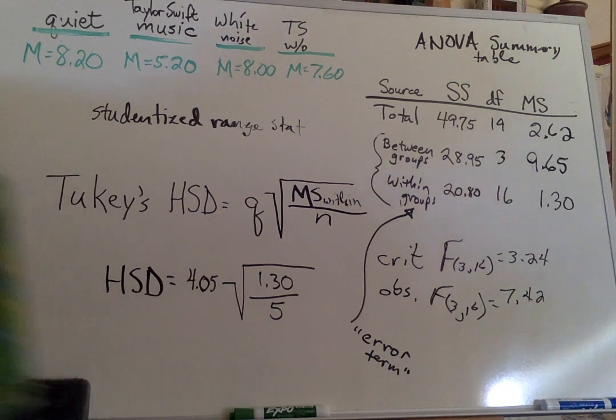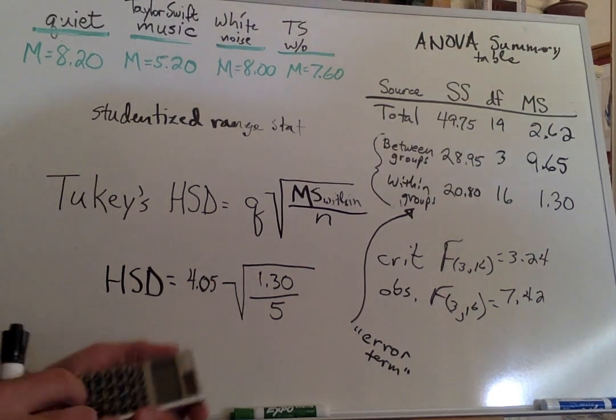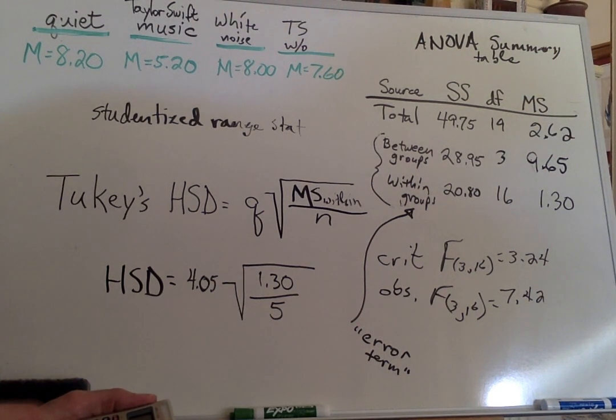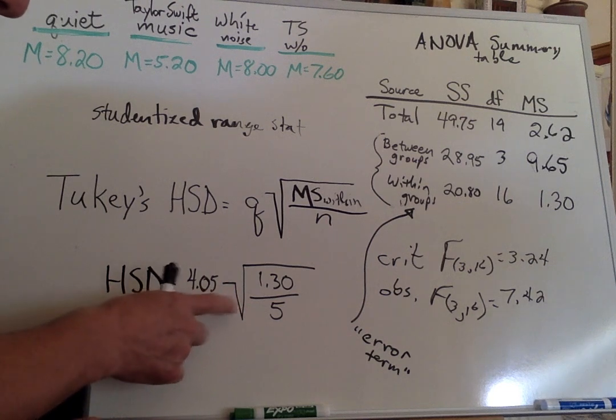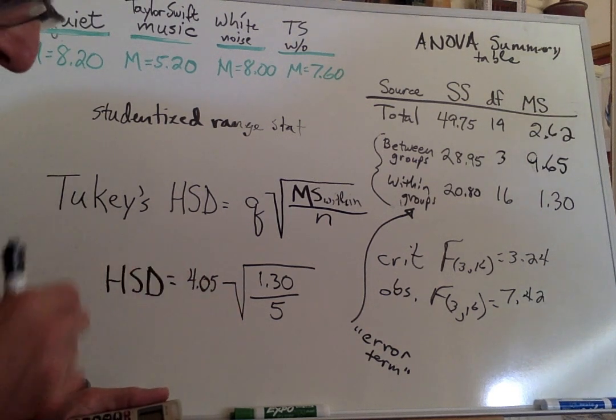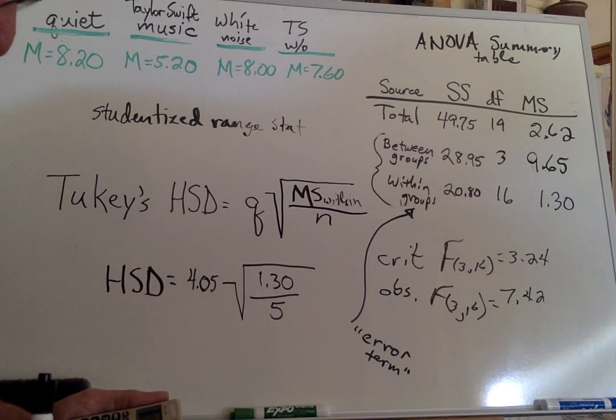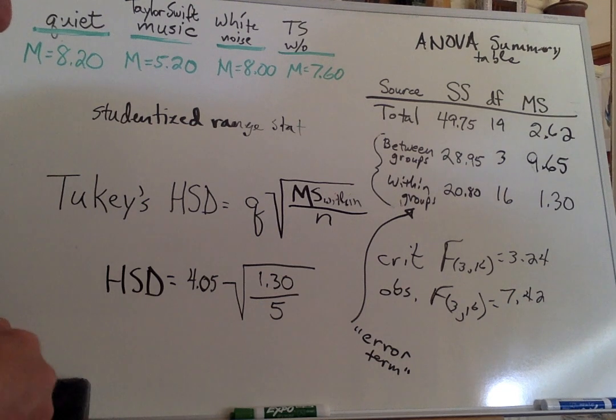And now we're just going to solve to get our Tukey's HSD. 1.3 divided by 5 equals 0.26. But remember to take the square root. People oftentimes forget. So that's 0.51.